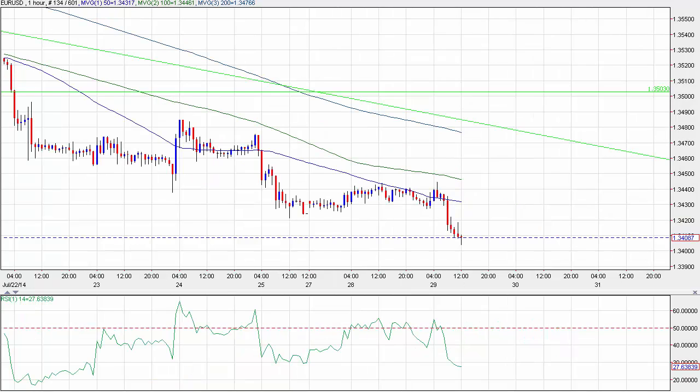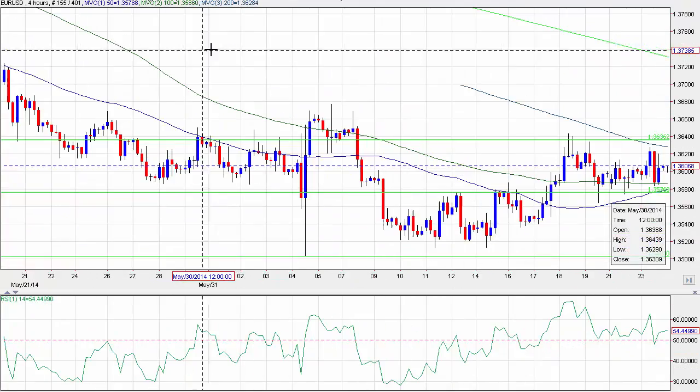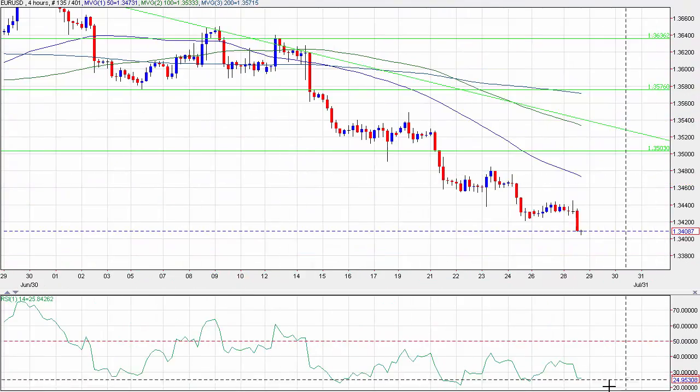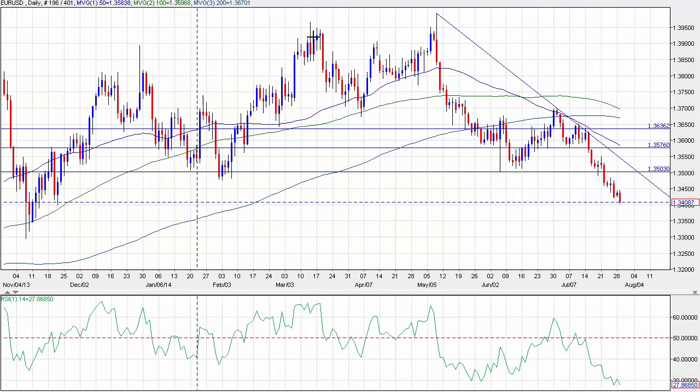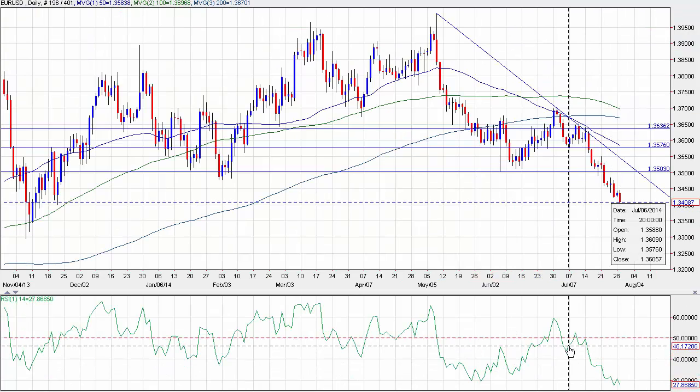The euro dollar is falling towards 1.34, and there is no reason to believe that it will reverse, but the RSI readings in the 1 hour chart, 4 hour chart, and the daily chart, they're all below 30 and therefore are in oversold territory.